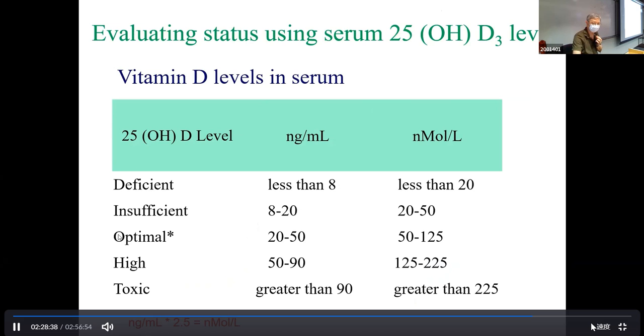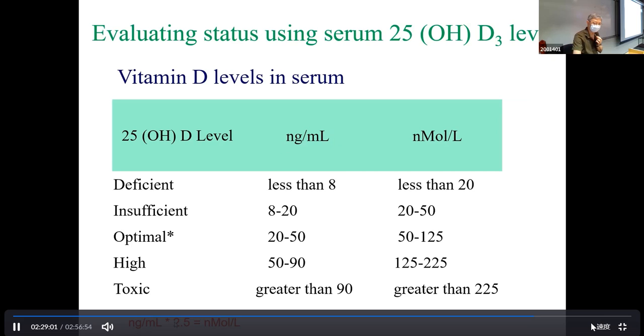So these are the so-called accepted cutoffs. We say optimum level is between 20 to 50, depending on which unit you use. So you will see I show you both units.